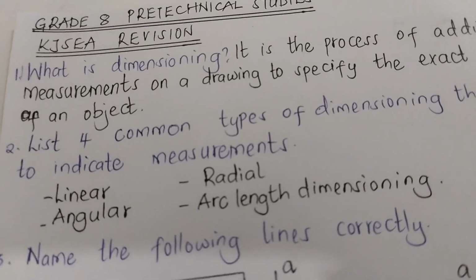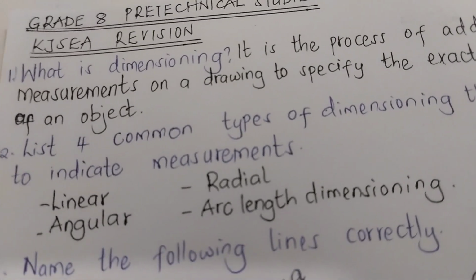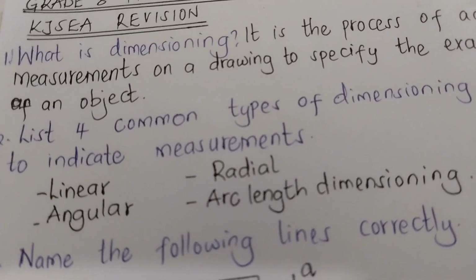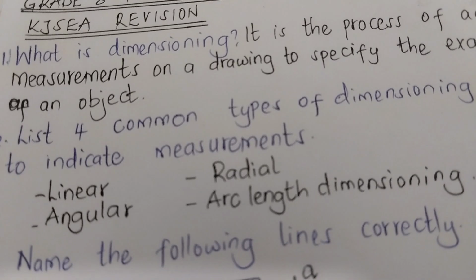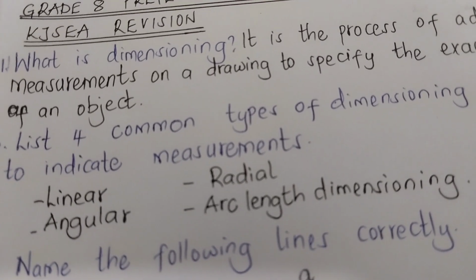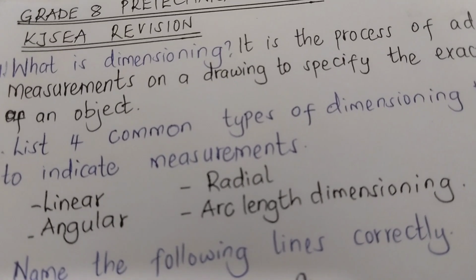Now we can describe linear dimensioning, which is a type of measurement that measures the straight line distances between 2 points of an object.